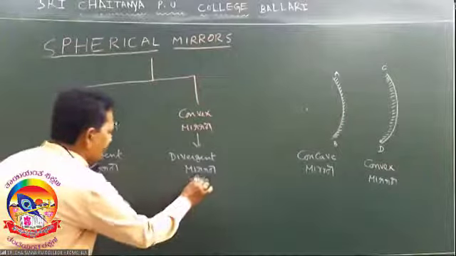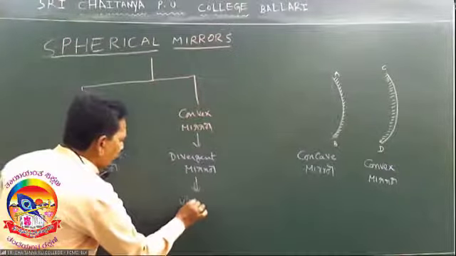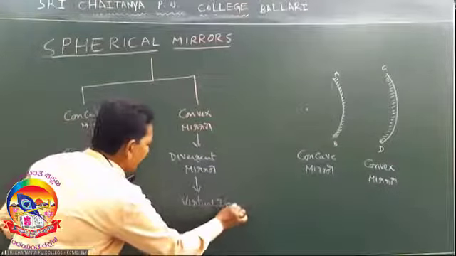Therefore, the image formed by the convex mirror is always a virtual image.